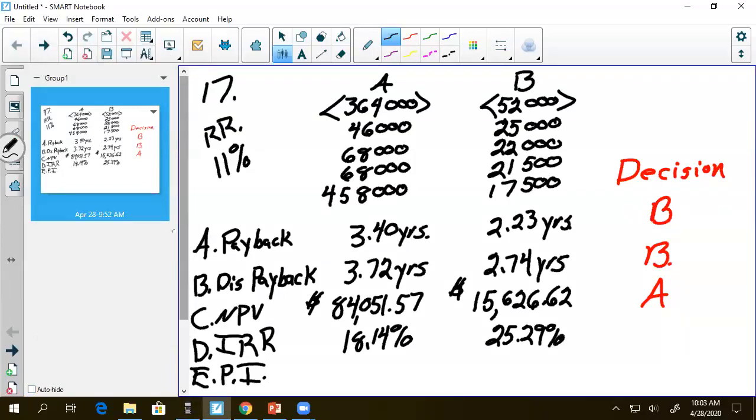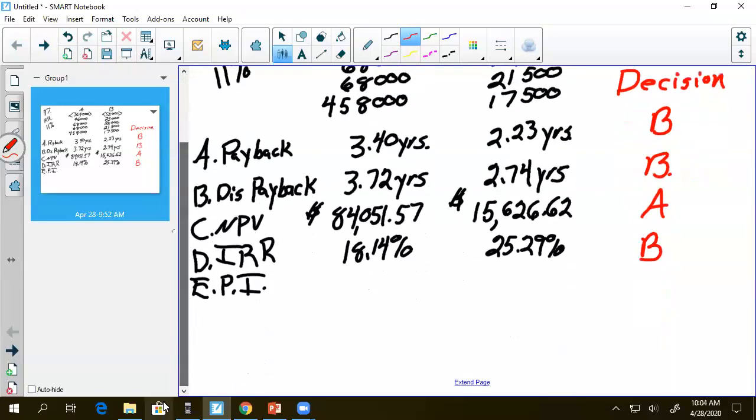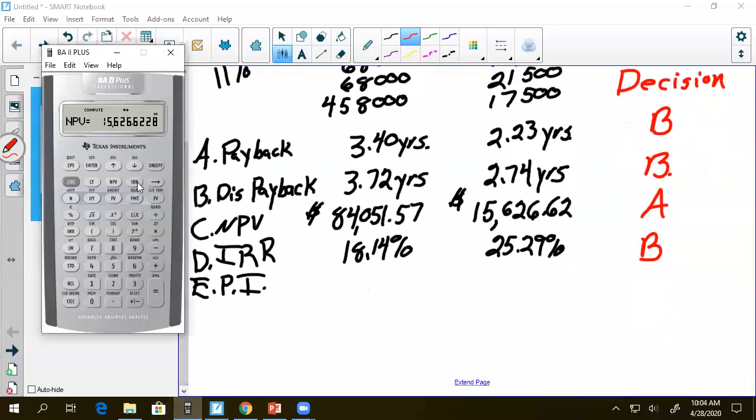Okay. So based on internal rate of return, which project do we take? B. Why is that, Ty? Because you're getting a higher rate of return. It's higher, so there's more room for positive net present value, right? Okay. And if you needed to, you just hit internal rate of return and compute, and that's where you get that, right? Now, what about the profitability index?